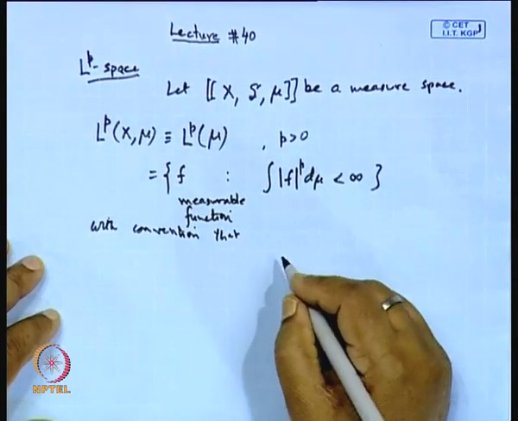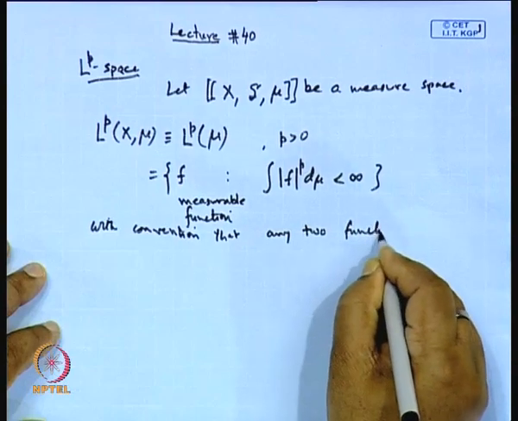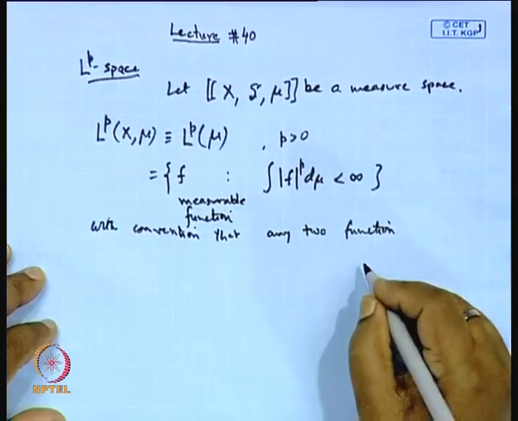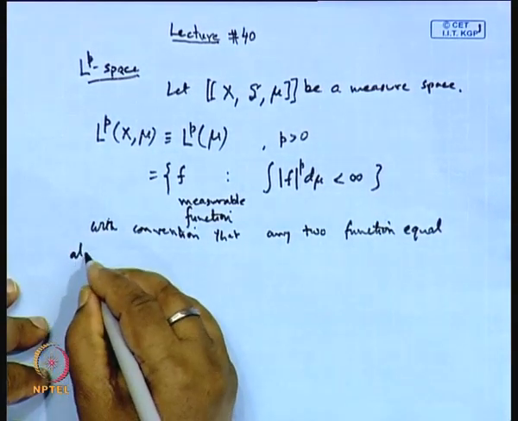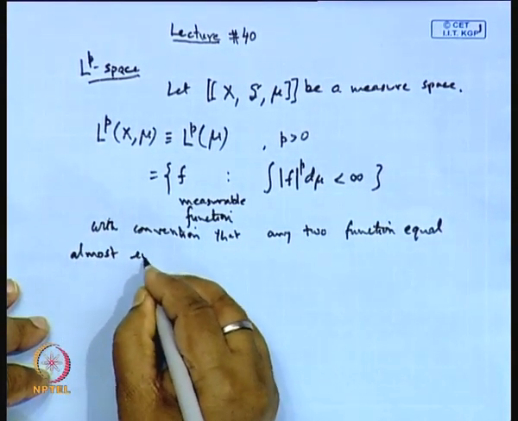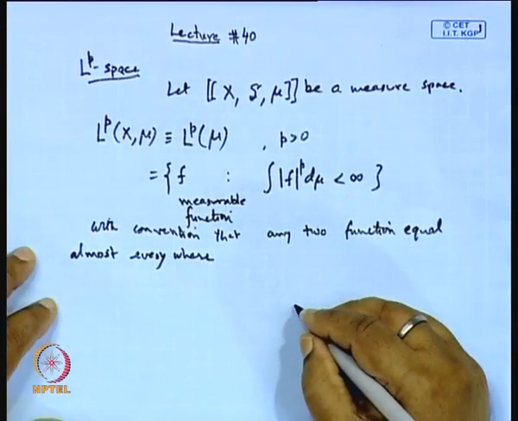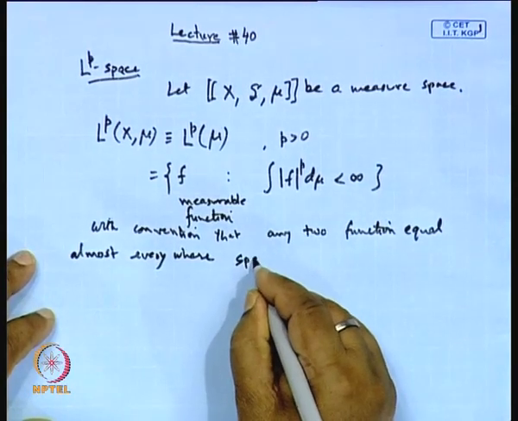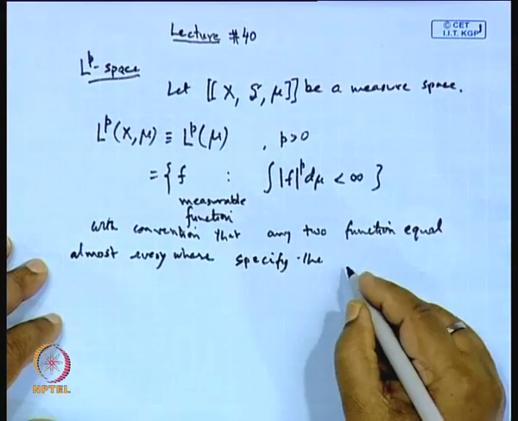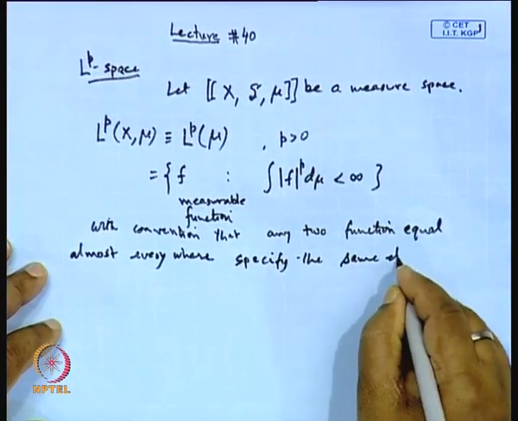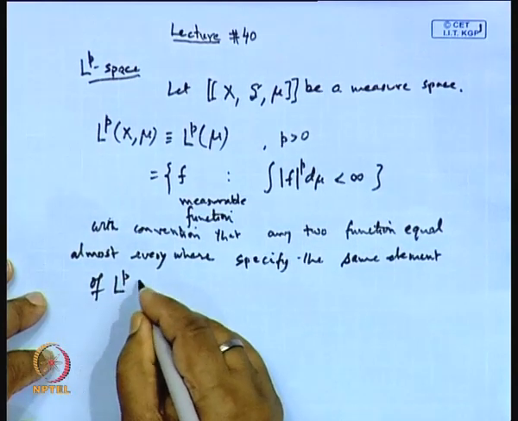that any two functions equal almost everywhere specify the same element of capital LP(mu).